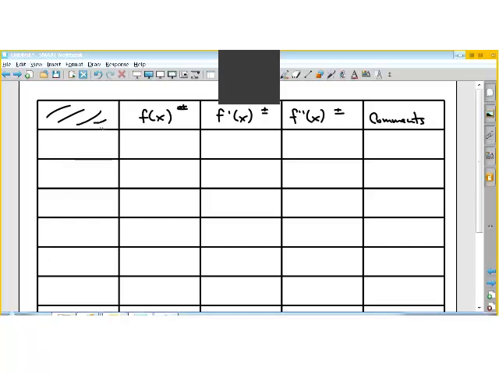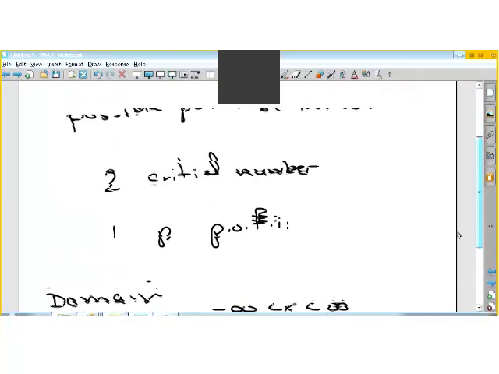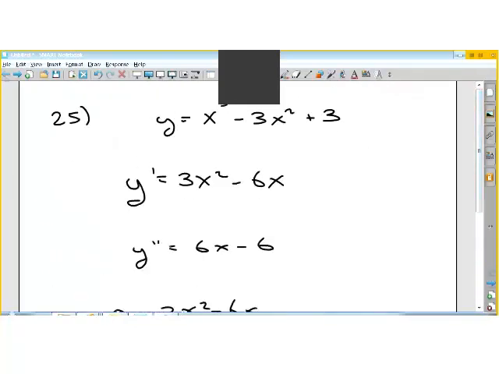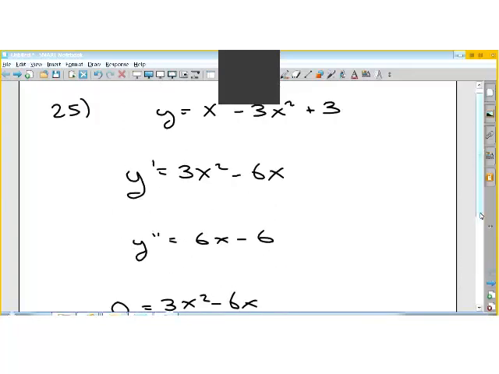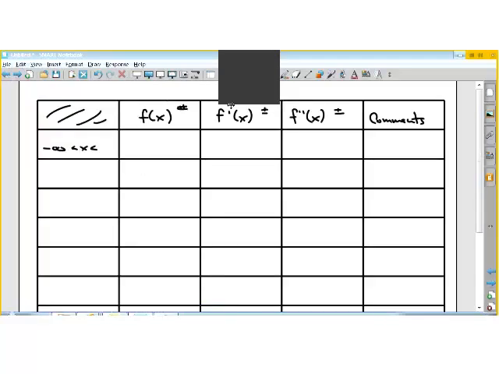So here's where the intervals are. The intervals in this case are vertical instead of horizontal. So we go from negative infinity to the smallest of the critical numbers or points of inflection. So what are these numbers? They're x equals 1 and x equals 0 and 2. So 0, 1, and 2. Let's write those down up here. So those are how we're going to break the domain up.